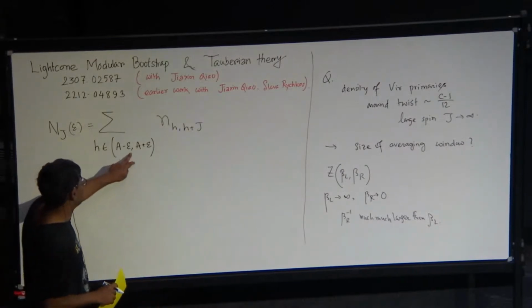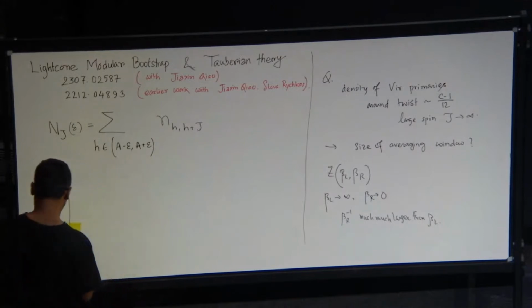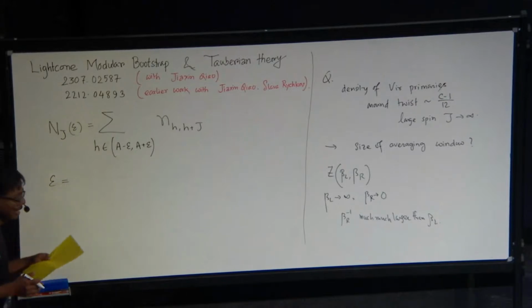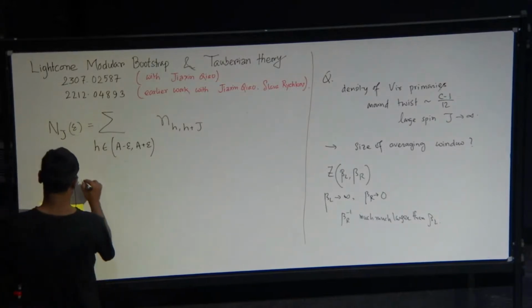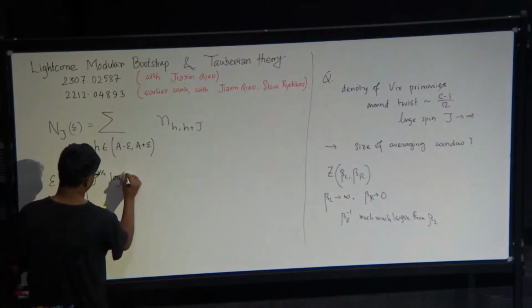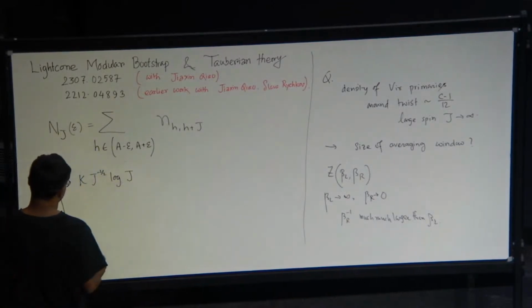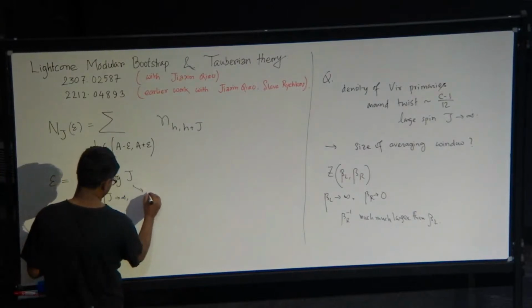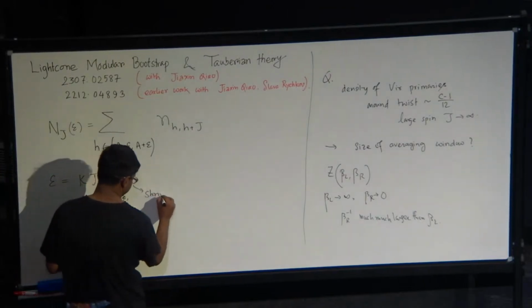Also, epsilon is a very narrow window: epsilon is kappa J to the power minus half log J. So as J goes to infinity, epsilon goes to 0. So this is a shrinking window.